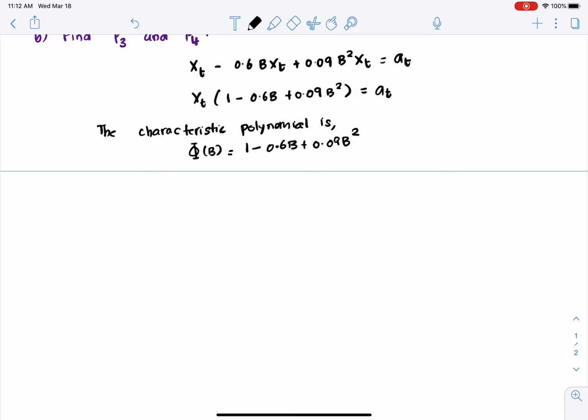And obviously that is a quadratic function, so we can use the quadratic formula.